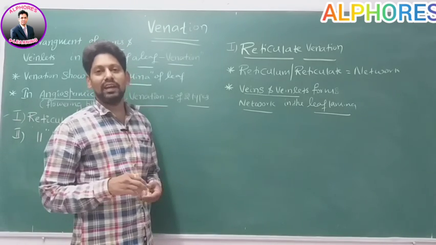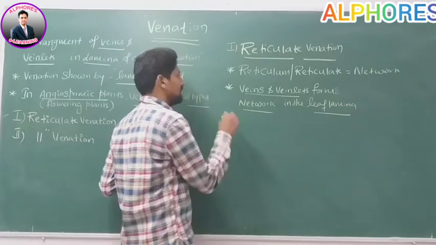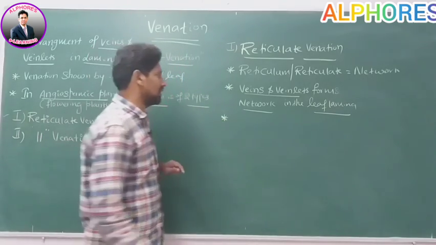So, reticulate venation is shown by most of the dicot leaves. Therefore, most of the dicot leaves show which venation, sir? Reticulate venation.